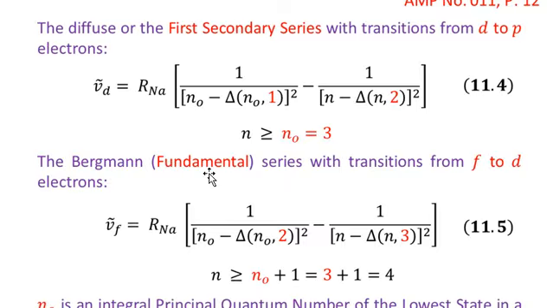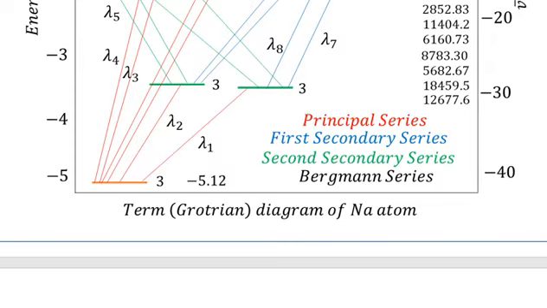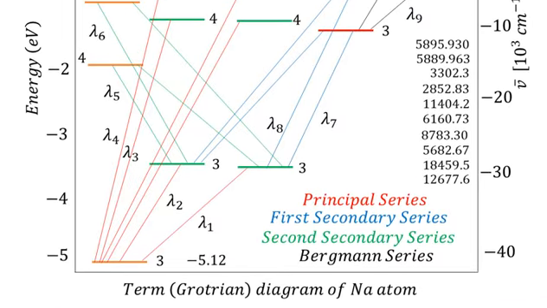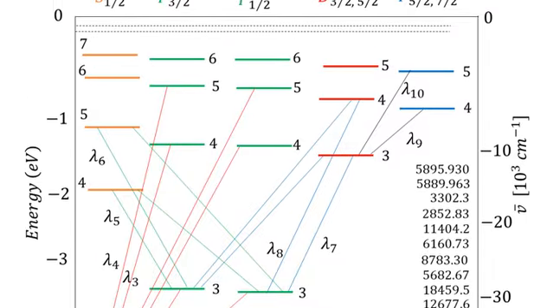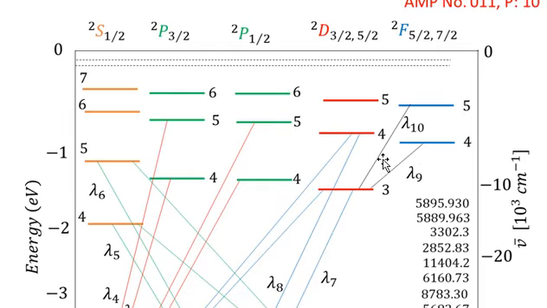Then we have the Bergman or the fundamental series, with the transitions from F to D. So let me show you F to D transitions. The Bergman series is shown in black. So the black transitions are shown over here. I have shown only 2 transitions, but many other transitions are possible from the higher F levels to all the n equal to 3 levels of the D state.